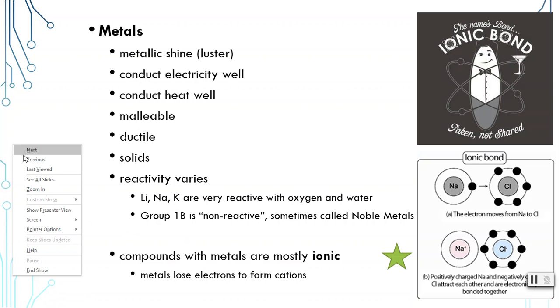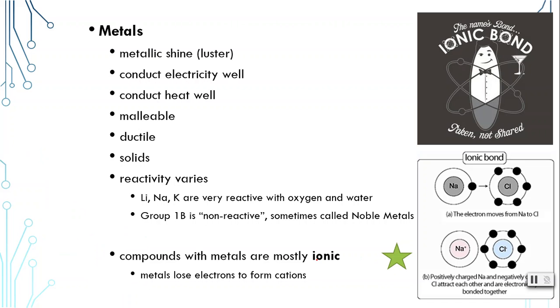And metals, when they form an ionic bond, that ionic bond is formed by the loss of electrons. So metals lose electrons in ionic bonds. So for example, if I have a sodium atom and a chlorine atom, and these dots are electrons.